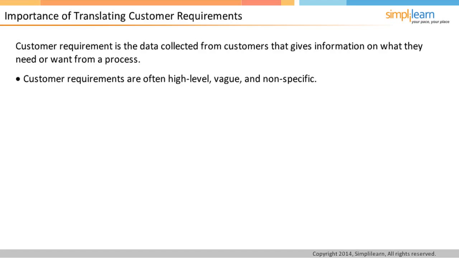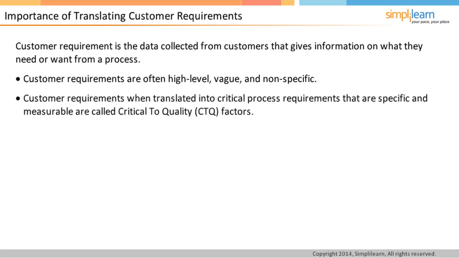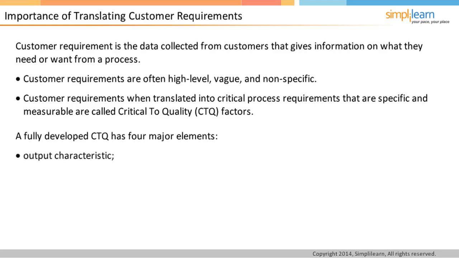Customer requirements, when translated into critical process requirements that are specific and measurable, are called critical to quality (CTQ) factors. A fully developed CTQ has four major elements: output characteristic, Y metric, target, and specification or tolerance limits. We will discuss the meaning of CTQ in the next screen.